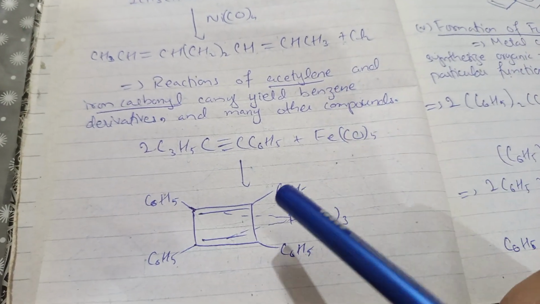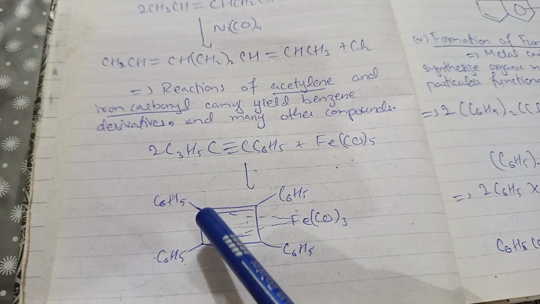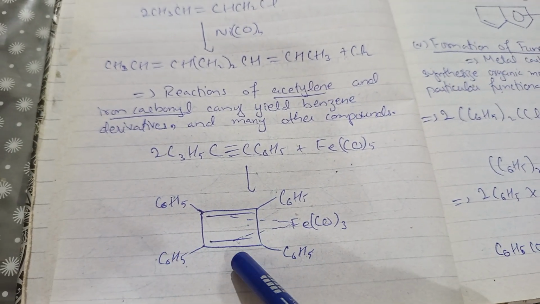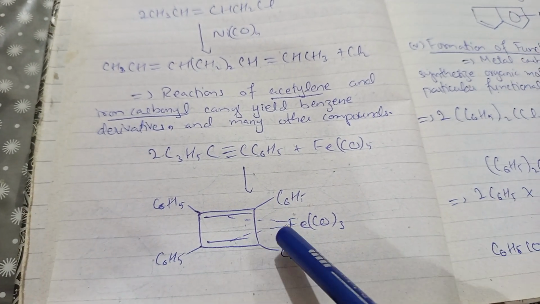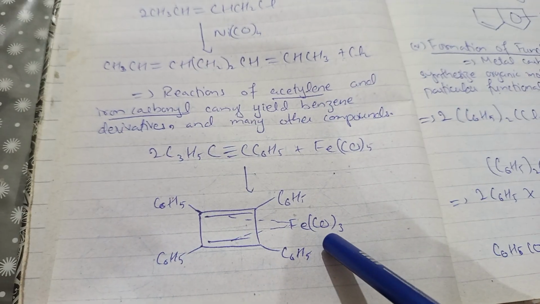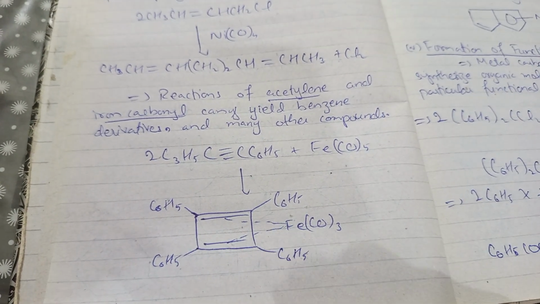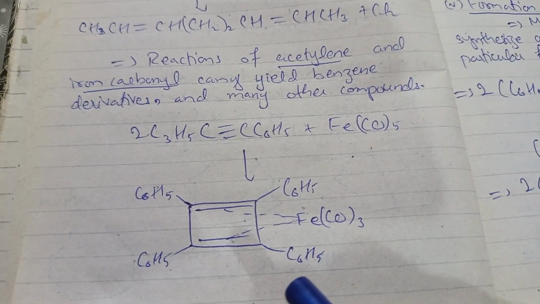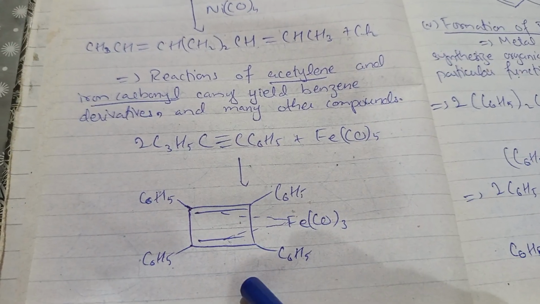You can see that 4 benzenes are placed on this cyclobutadiene ring, and here we have iron carbonyl Fe(CO)3, which is attached in this way through these pi bonds. So this is a very useful technique of preparing such products.